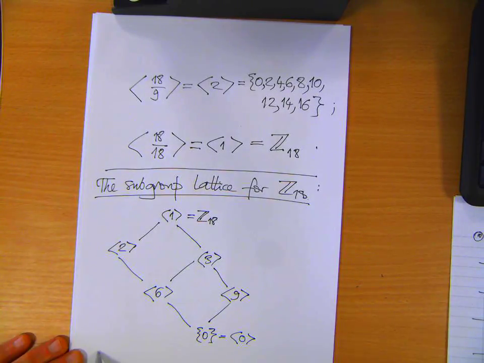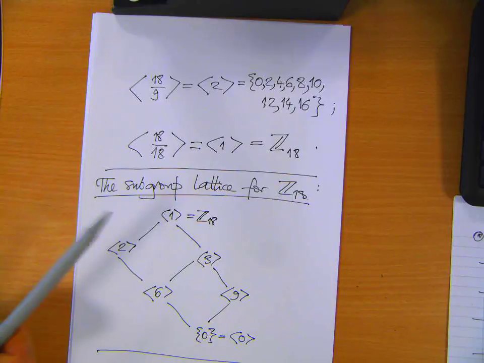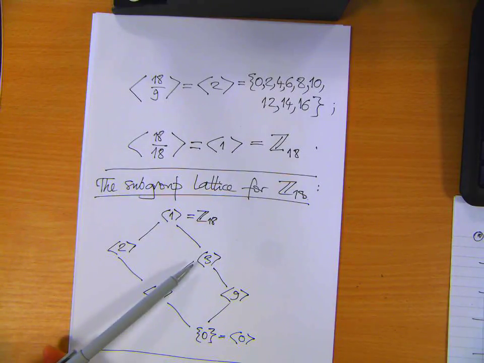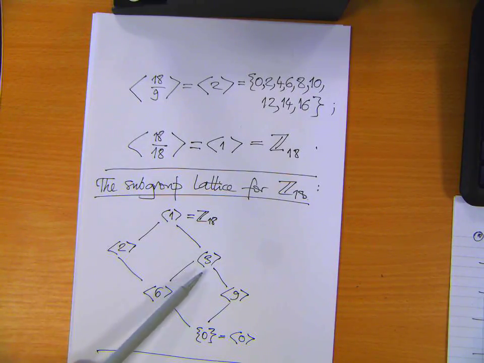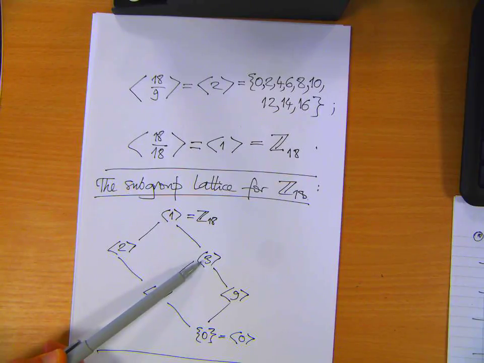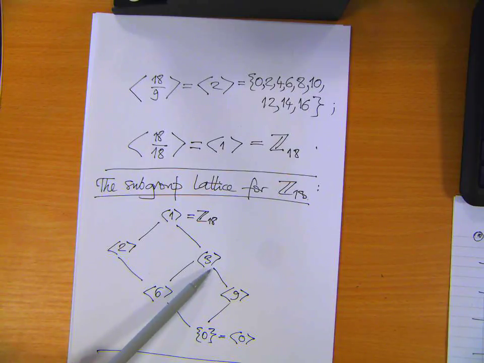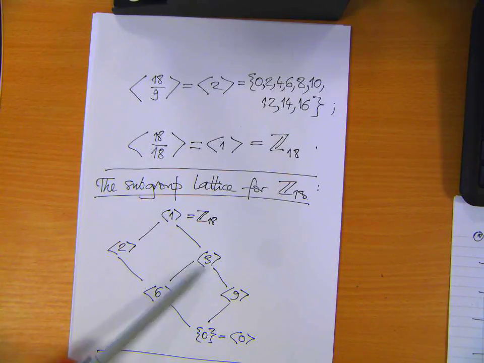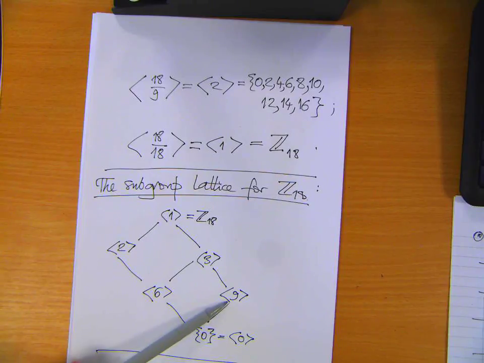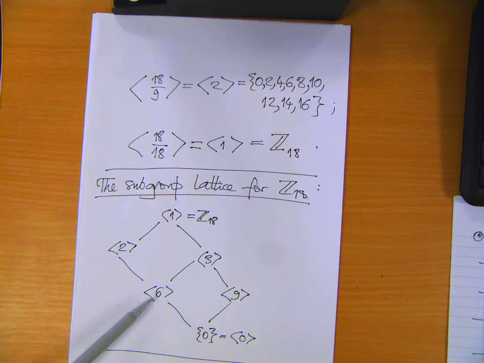And notice that this diagram illustrates the fact that one subgroup is a subgroup of another if and only if the order divides. So for instance, the subgroup generated by 9 is a subgroup of the subgroup generated by 3 because 3 divides 9. 2 divides 6, but 2 does not divide 3, so there's no line here.